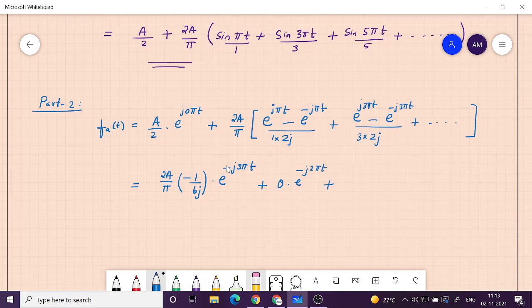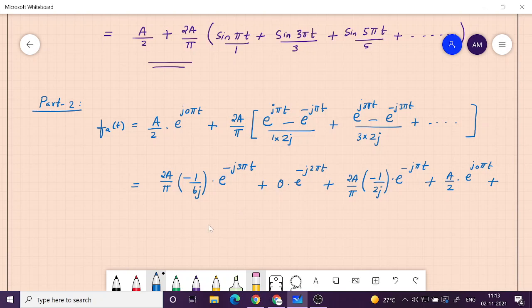Then comes the minus 1, so that also I can write 2a by pi into minus 1 by 2j into e raised to minus j pi t. Then comes the n equal to 0, where I have a by 2 into e raised to j 0 pi t.